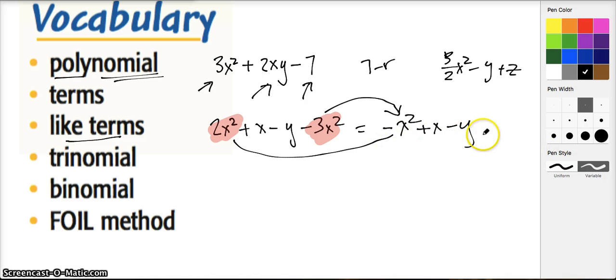And I cannot simplify any further, so this is the simplest way that I could write this polynomial.